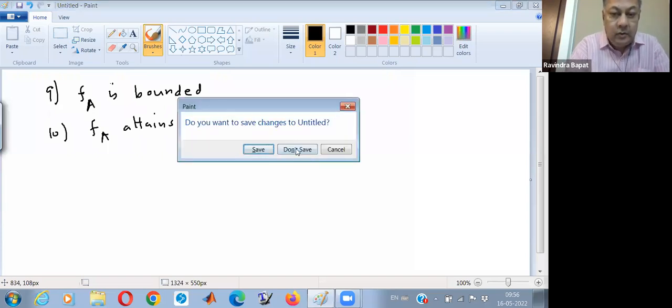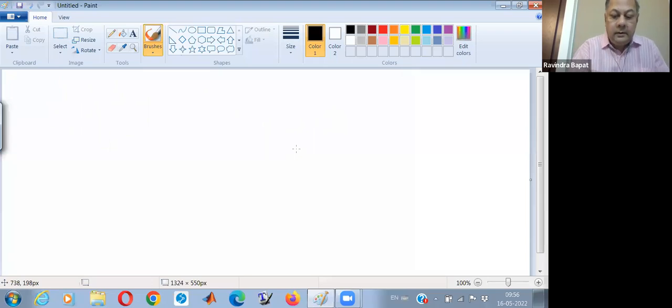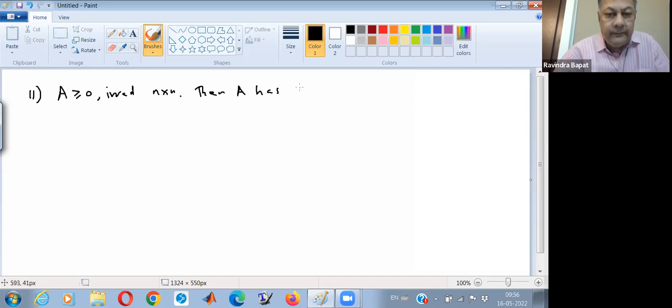Let me now show the argument. The next result is that if A is a non-negative irreducible n by n matrix, then, the first statement of Perron-Frobenius, A has a positive eigenvalue.